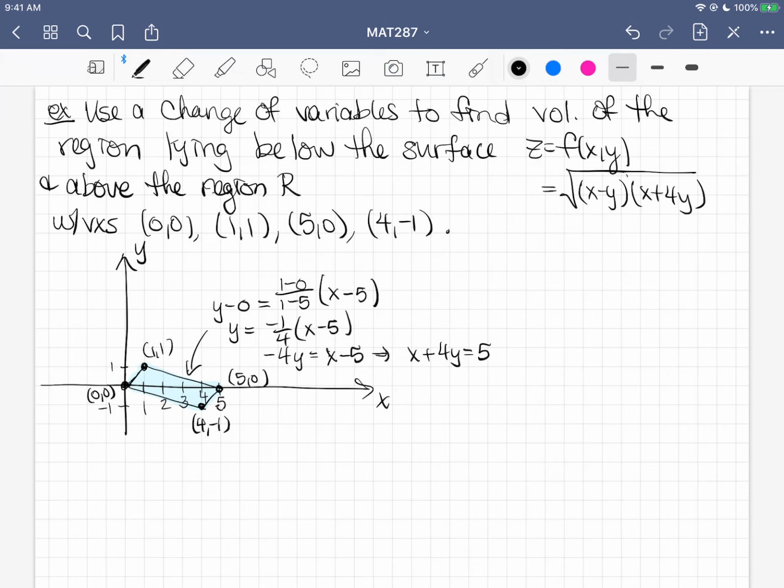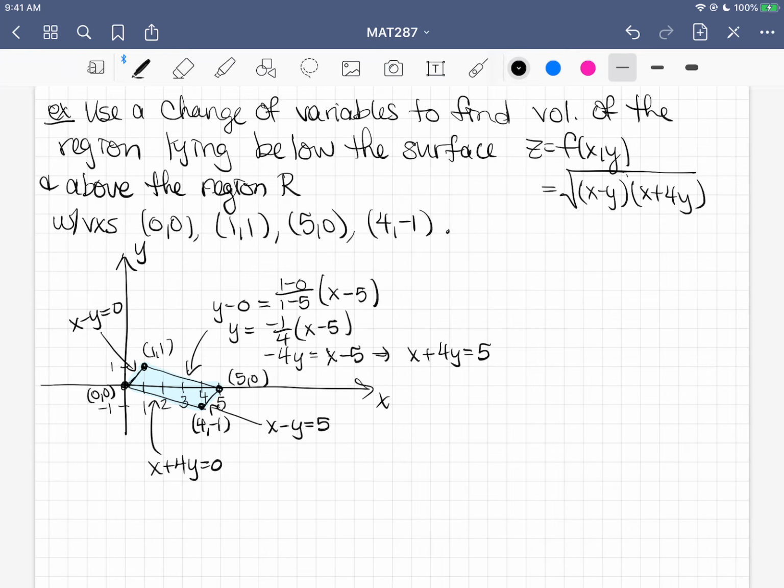We like to arrange it this way because that'll help us figure out what we want to be u and v. I'm just going to tell you what I got for the other lines. This line, once I rearrange, looks like x minus y equals 5. This bottom line looks like x plus 4y equals 0. And this line on the left looks like y equals x, which becomes x minus y equals 0.